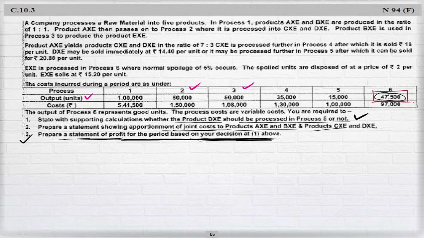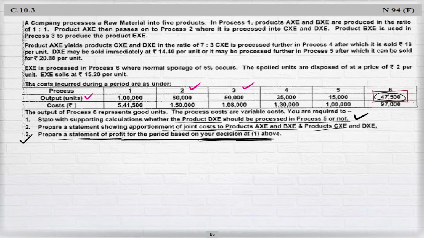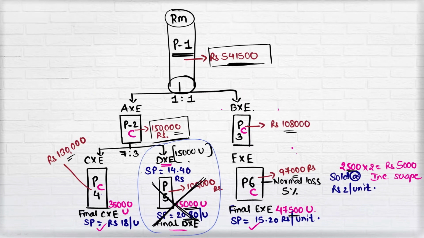What do they want us to do? Prepare a statement showing apportionment of joint cost to products AXC and BXC, and products CXC and DXC. So first let me do AXC and BXC.